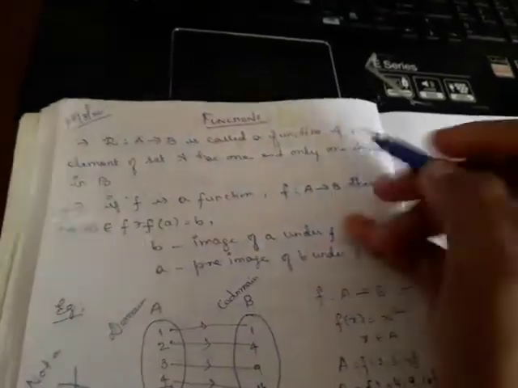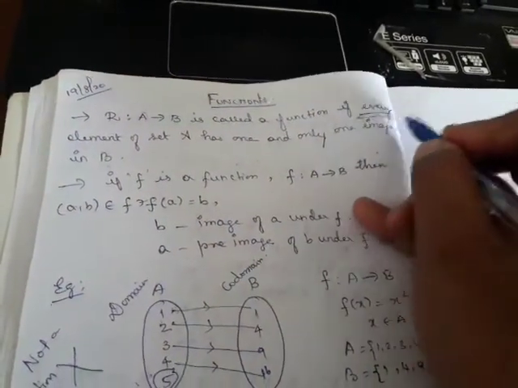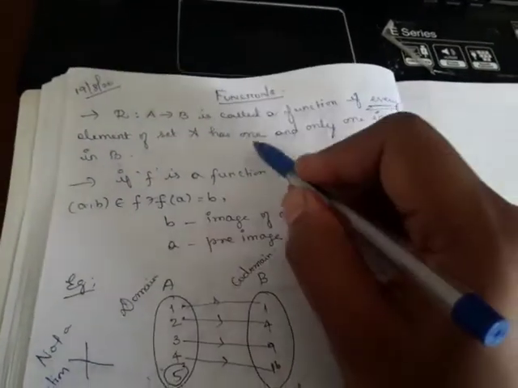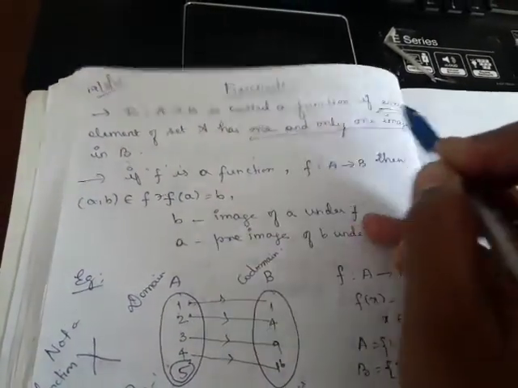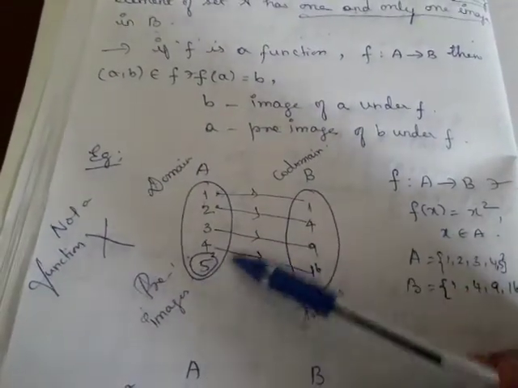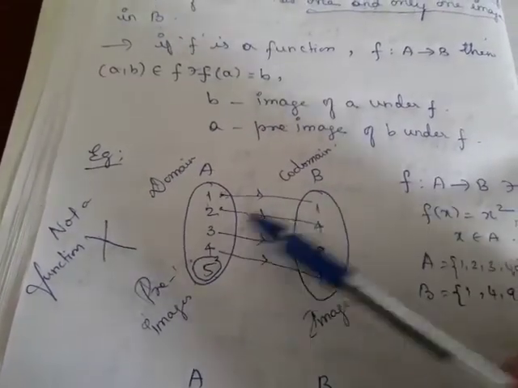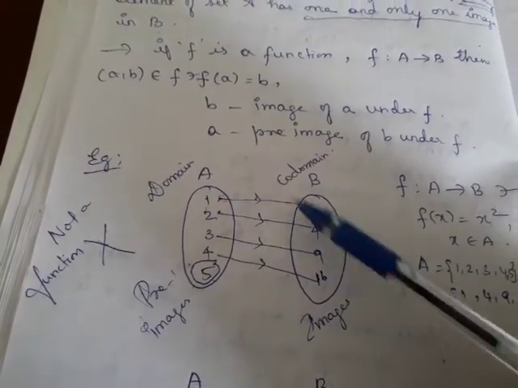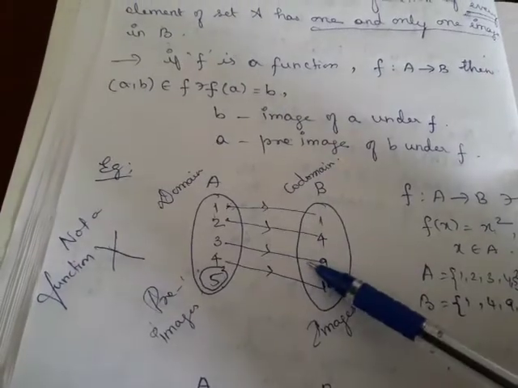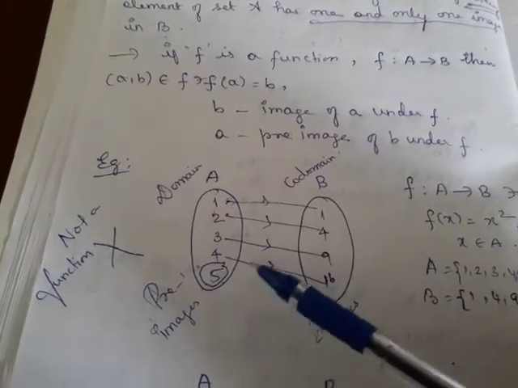A relation is called a function if every element of set A has one and only one image in B, which means the set A should not leave any element, and it should not have two images. Single mapping only should be there and every element should be mapped.